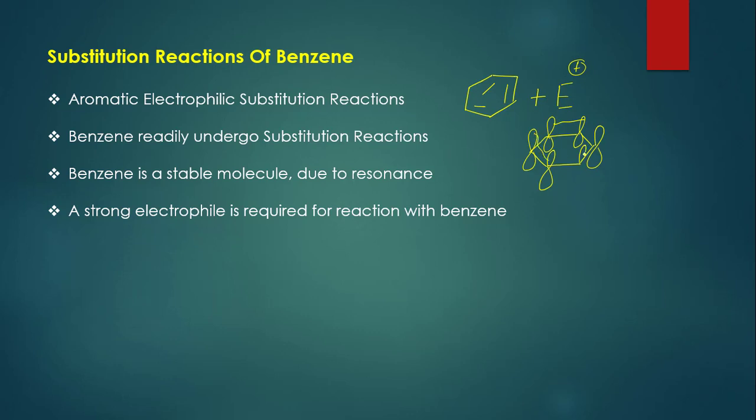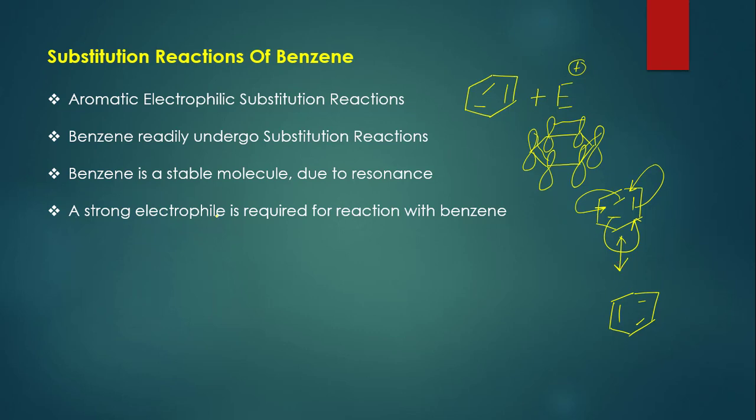So when they change their positions, for example, this is one structure of benzene, and its bonds are delocalizing, like this bond will shift here, this bond will shift here, and this bond will shift here. So these are delocalized pi bonds. Because of this resonance, the benzene molecule is a stable molecule.